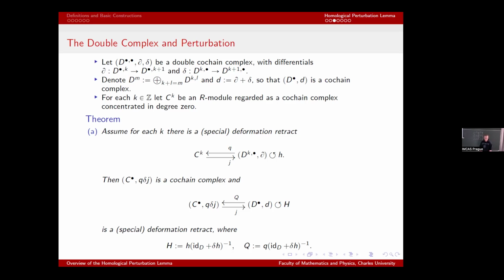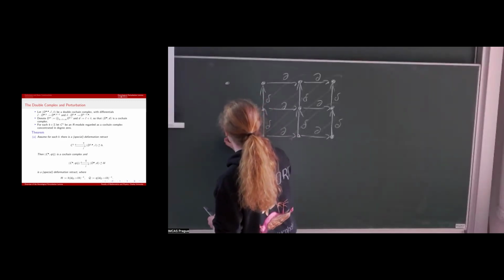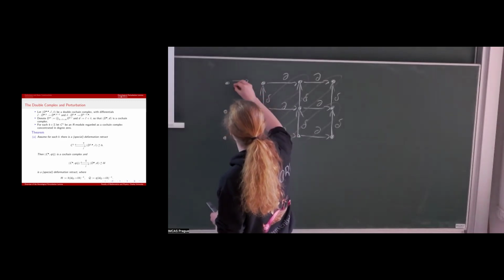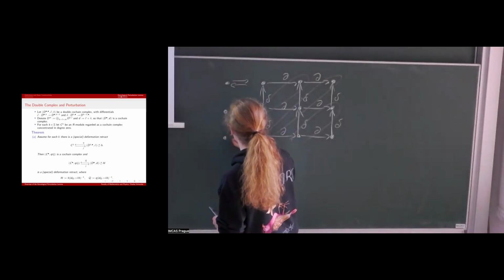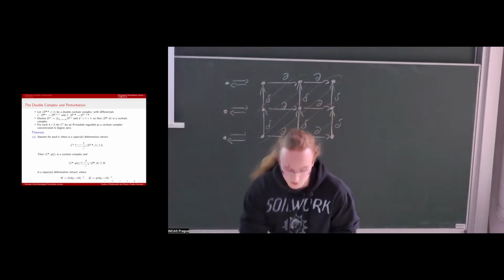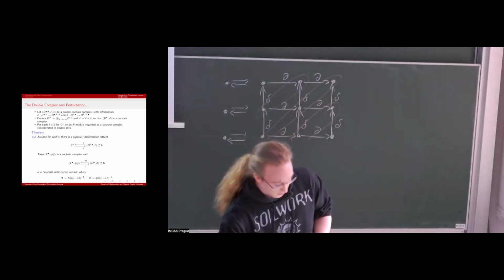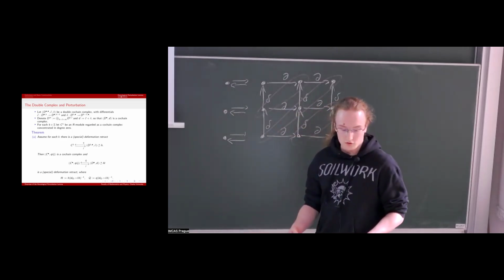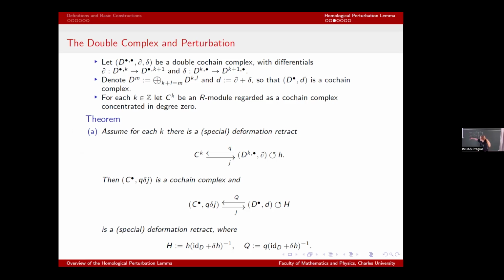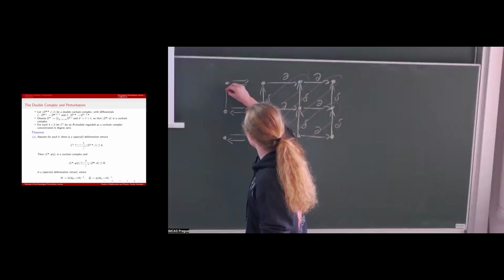So if for each k there is a deformation or special deformation retract from this cochain complex concentrated in degree 0 into the kth row, so we have deformation retracts for each row and some homotopies, then there is also an induced differential on the chain complex C, which is just the collection of these modules. So this way.